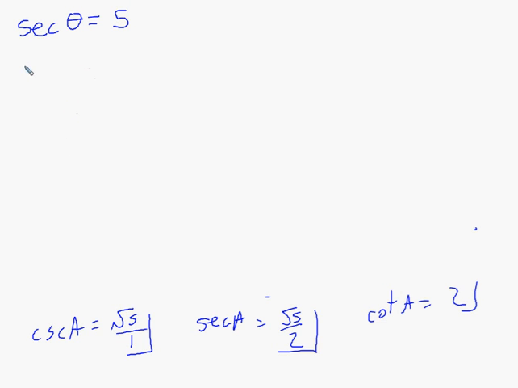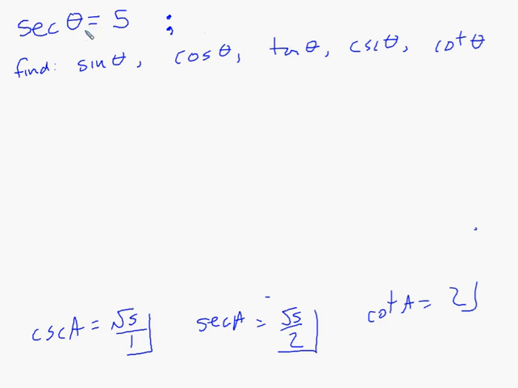And I want you to find the sine of that angle, cosine of that angle, tangent of that angle, and cosecant of that angle, and cotangent of that angle. Basically, I give you one of the trig functions, and I want you to find the other 5. So we're just working backwards. Yeah, kind of, yes.